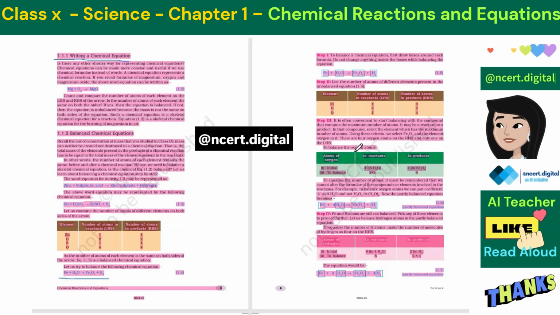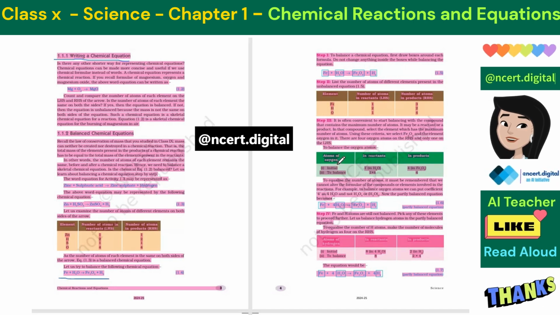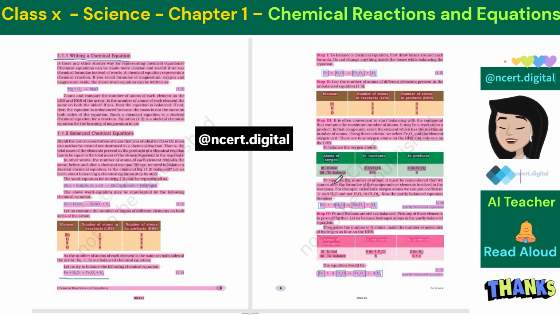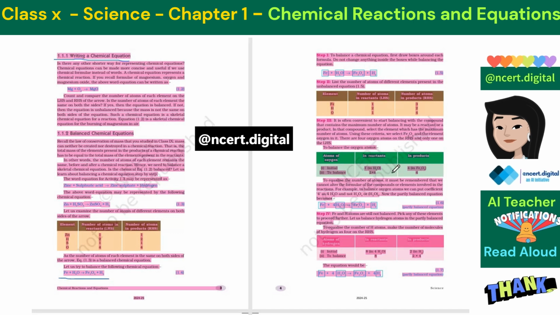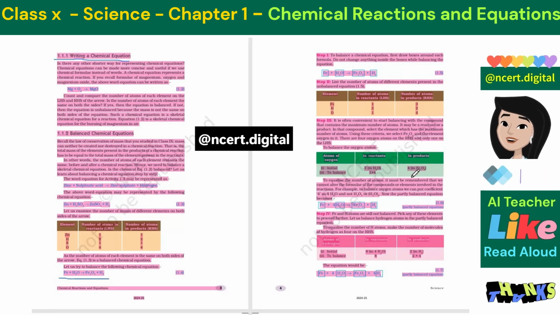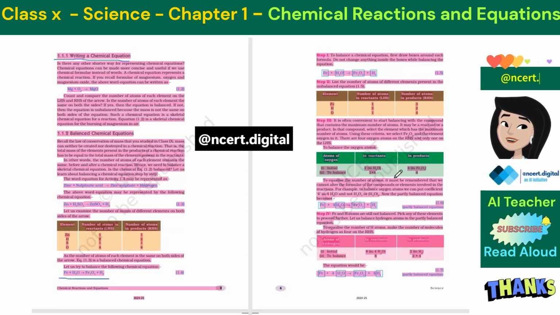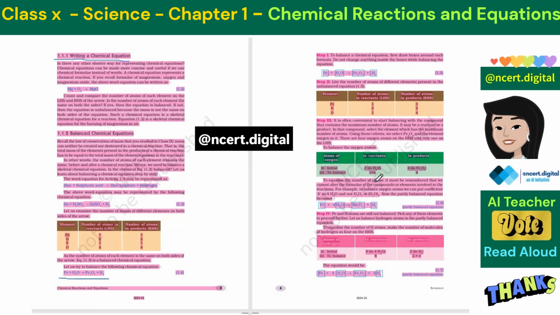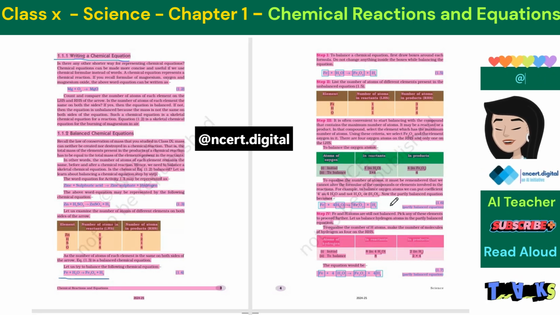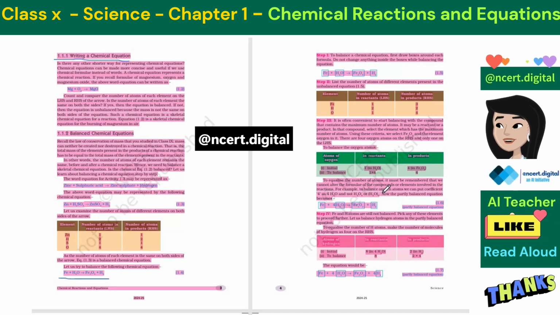There are 4 oxygen atoms on the RHS and only 1 on the LHS. To balance the atoms of oxygen in reactants and products: initial 1 in H2O, to balance 4; in Fe3O4, 4. To equalize the number of atoms, it must be remembered that we cannot alter the formulae of the compounds or elements involved in the reactions.